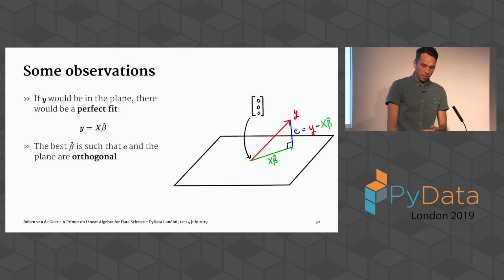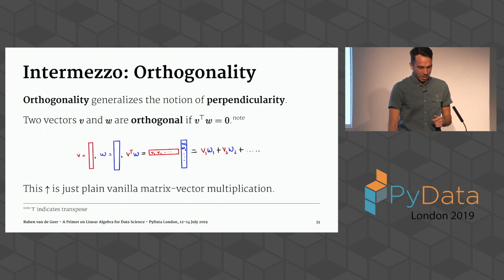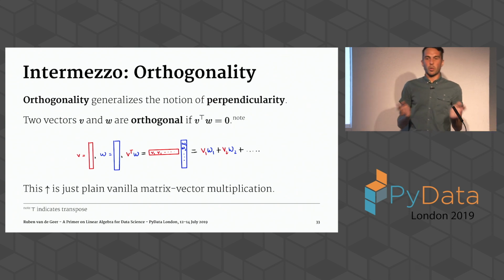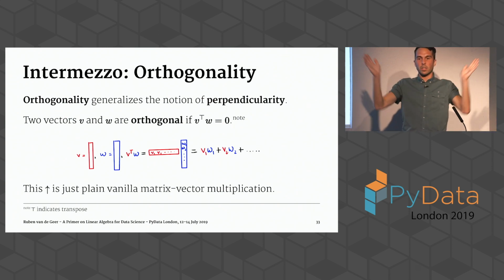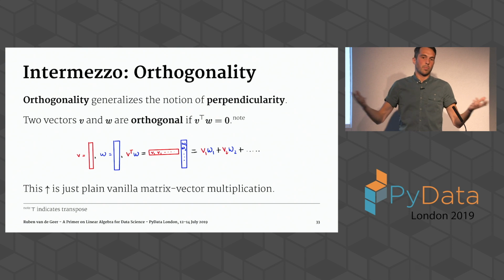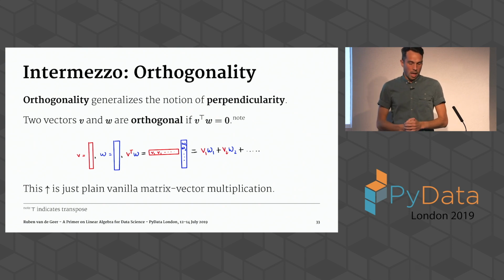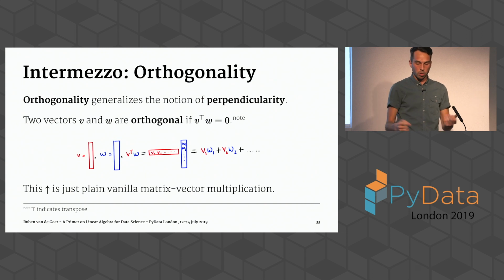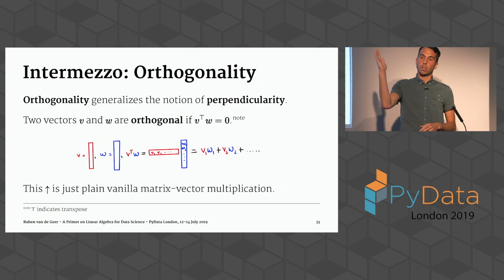So we have this notion of orthogonality. What does it actually mean? There's not going to be a lot of mathematics in here, but we have to do this, otherwise we will get stuck. But the idea is that you have two vectors that point in very different directions. They are like perpendicular. And this is basically what orthogonality is. How does it work? If you have two vectors, v and w, they are orthogonal if v transpose w is equal to 0. The transpose is just flipping the vector to a row vector, basically.